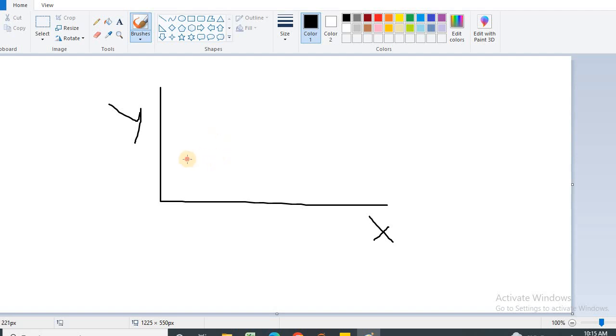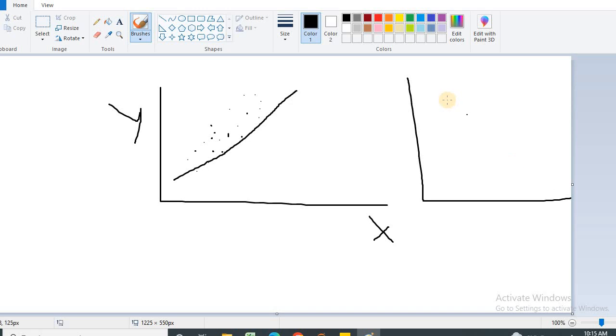If it is like this, this is a positive correlation. And if we have it like this, this will be a negative correlation.